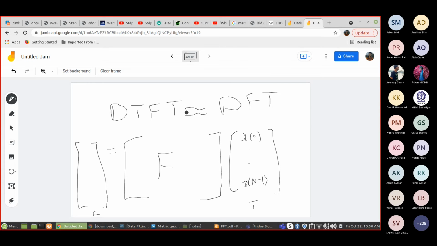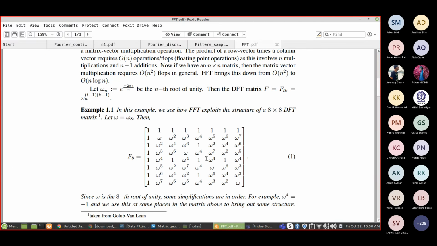Then we deal with, sorry, this is not DTFT, this is DTFS. So this is just multiplication with respect to the Fourier matrix.